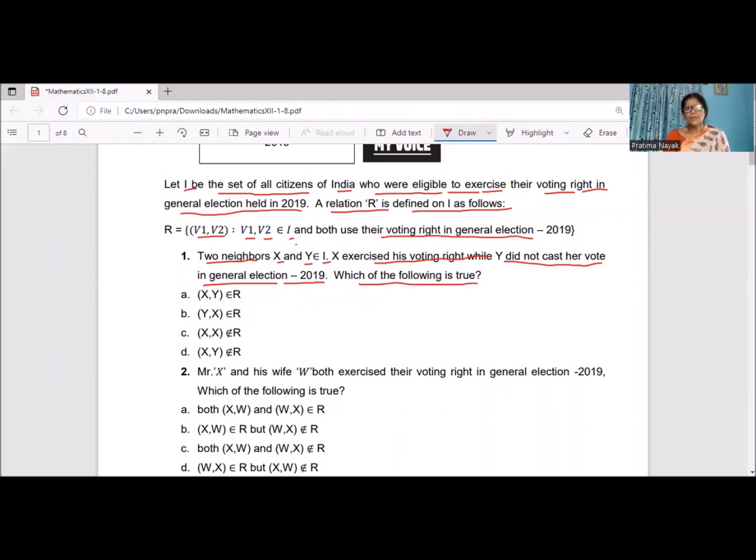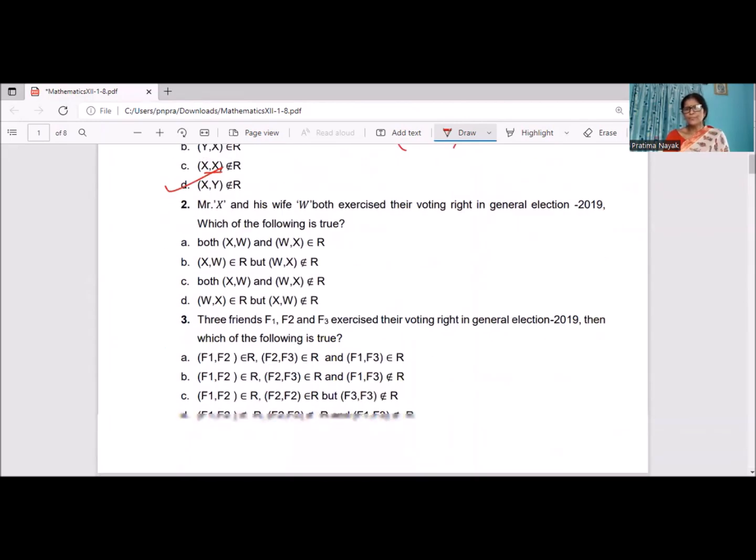(Y, X) belongs to the relation. (X, X) does not belong to the relation. (X, Y) does not belong to the relation. So certainly X is exercising the vote, Y is not casting. That means this pair is not similar, so this pair does not belong to the relation. So which one will be correct? D will be the correct option for this question.